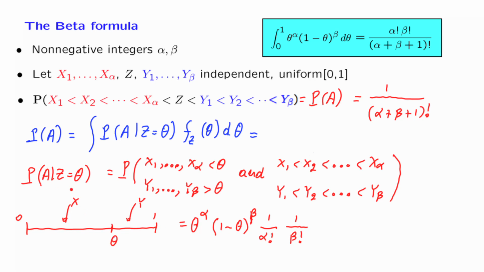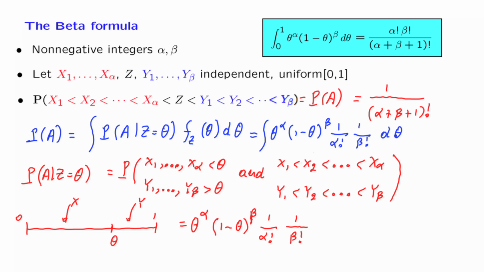Alright, so we have this conditional probability, and now we can go back to this formula and substitute, and what we obtain is the integral of this expression, theta to the alpha, 1 minus theta to beta, 1 over alpha factorial, times 1 over beta factorial. Then we have the density of z, but since z is uniform, the density is equal to 1, and then we have a factor of d theta.